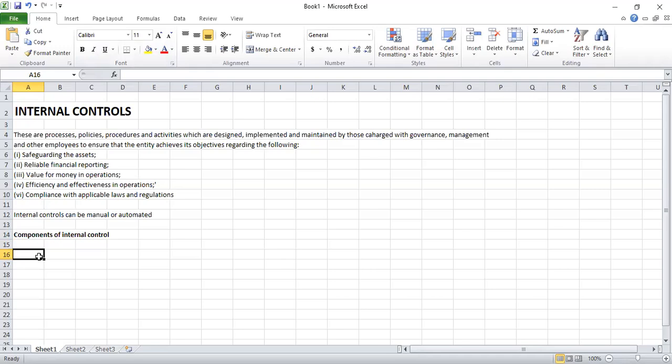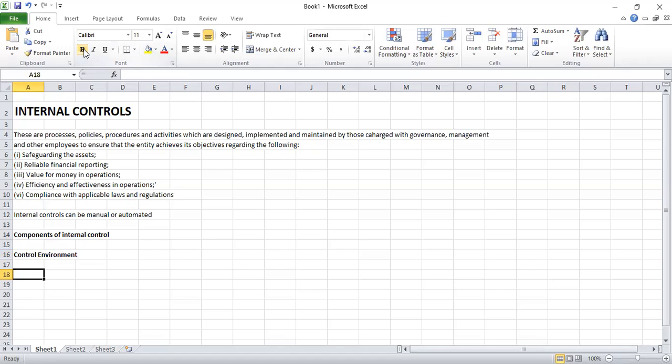Right. There are about 5 components of internal control, but my focus will mainly be on 2. So maybe when you get time, you should look at the other components of internal control, but I think we looked at them when we were doing planning. But I will mainly focus on 2, the control environment and the control activities.